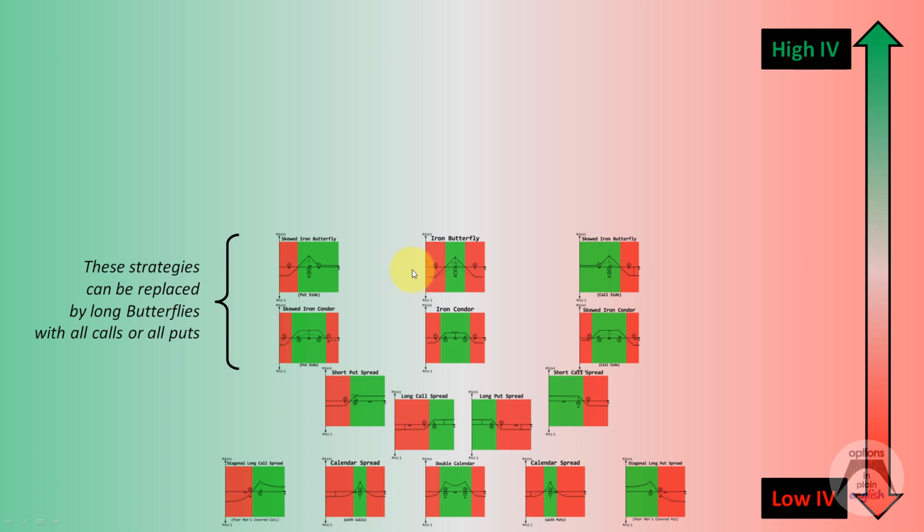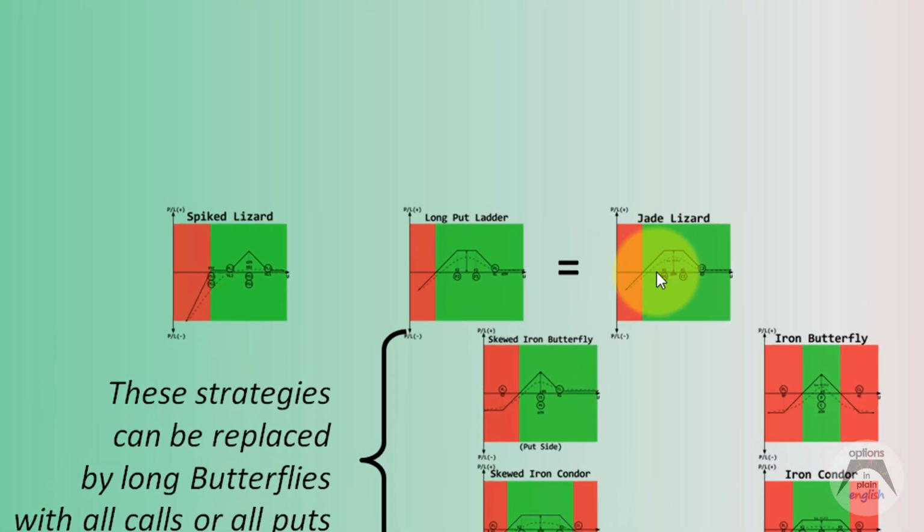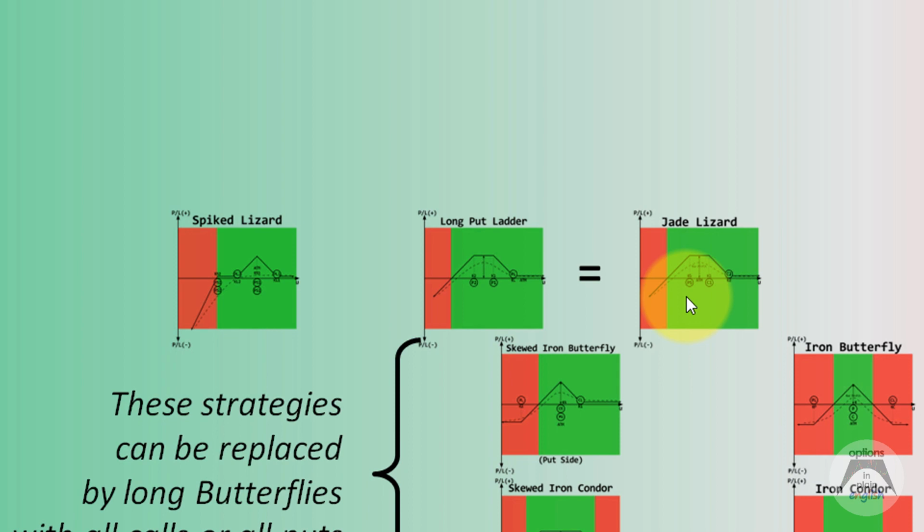Now, if we have a little bit more implied volatility, we're going to start getting into the strategies where we take unlimited risk on one side, and we can take a look here at a Jade Lizard, which is the same strategy as a long put ladder. Basically you sell a put and then you sell a call spread, and altogether the credits add up to something higher than the width of the call spread.